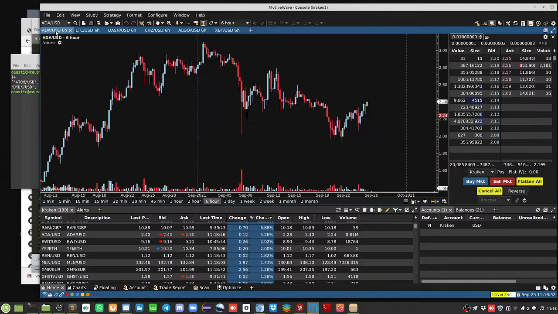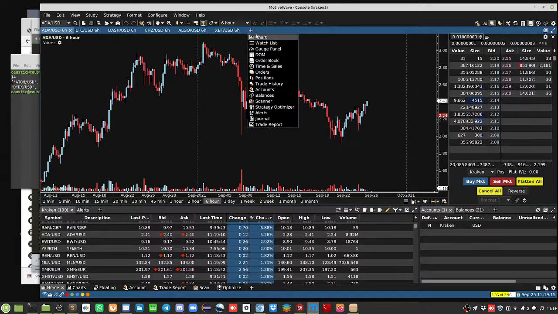The first one listed here is Cardano. You can see it's starting to move up from $2 to $2.40, already a 20% increase since the 19th of September. Next, let's look at Atom, or Cosmos.